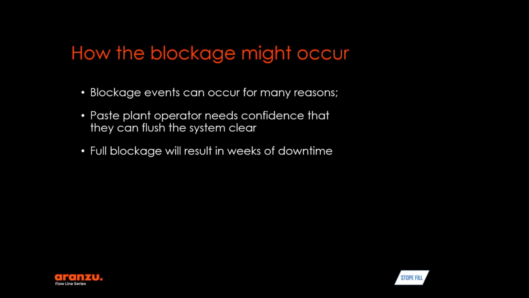Paste plant operators need to have the confidence that if a blockage occurs, then they can recover the system by flushing it clear. If the system recovery is not successful, it will require the pipe to be replaced or drilled out or high pressure water blasting and may result in weeks of downtime.